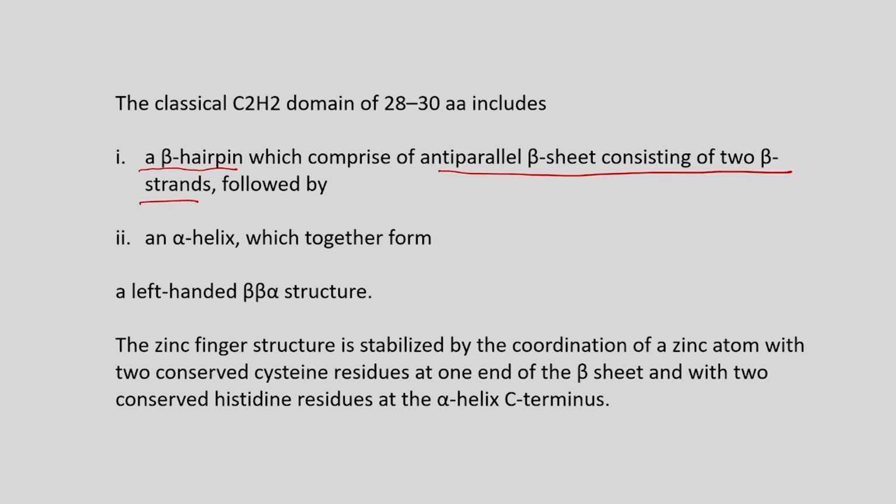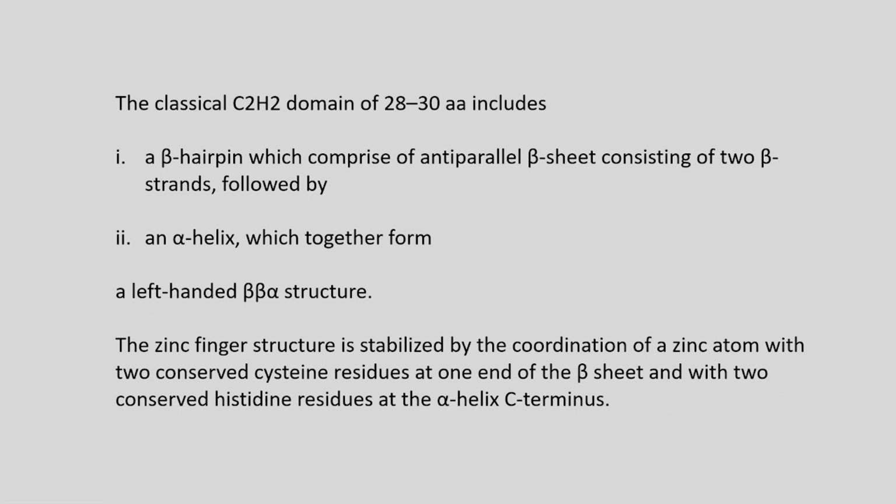So, 2 beta strands in antiparallel orientation give rise to a beta hairpin, which is an important component of this classical C2H2 domain. Then it has, in addition to this, an alpha helix, and together they form a left handed beta beta alpha structure, 2 beta coming from here and 1 alpha coming from here, the beta hairpin and the alpha helix.